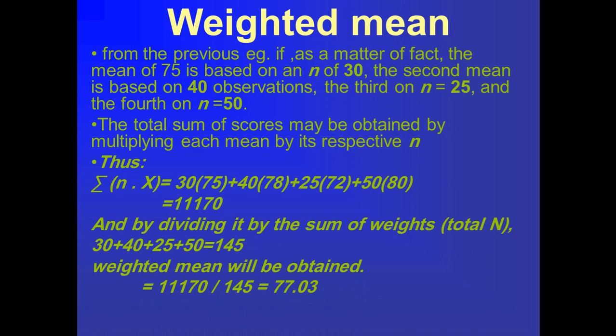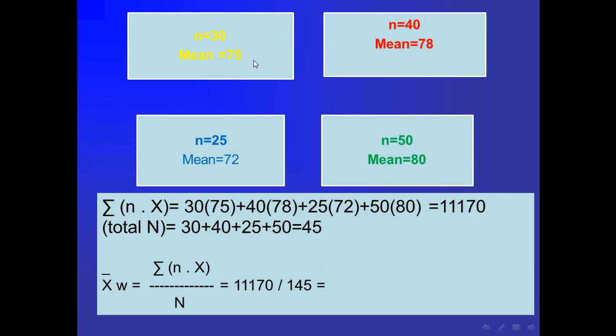So the weighted mean is obtained by dividing the total weight by the total number of students, and the weighted mean is 77.03.